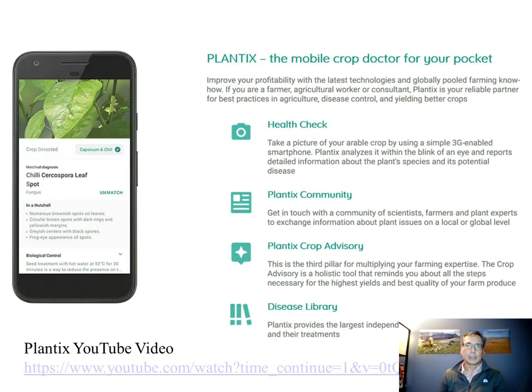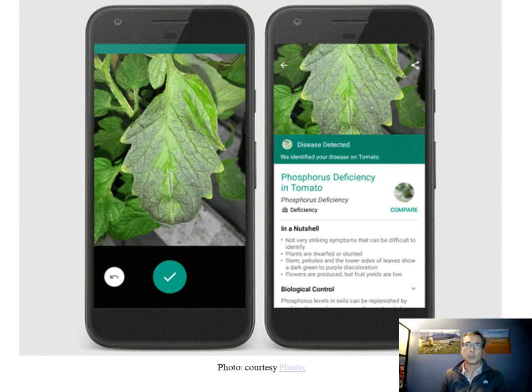Some of these technologies are really good for identifying diseases, and so you can take a picture of a diseased leaf and it will actually detect what the problem is or direct you to a resource. Here's the same software being used to identify a nutrient deficiency in a leaf. So this is a phosphorus deficiency in tomato.